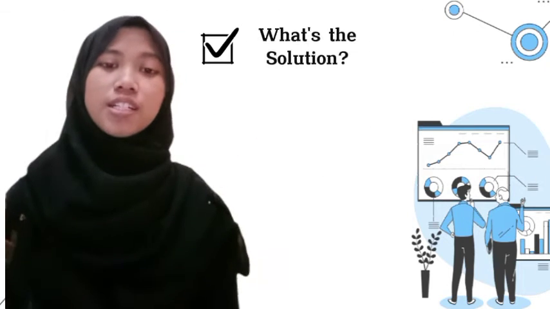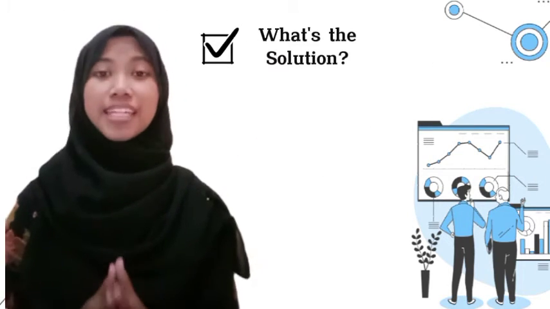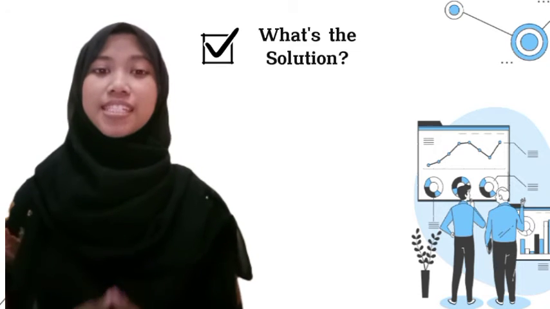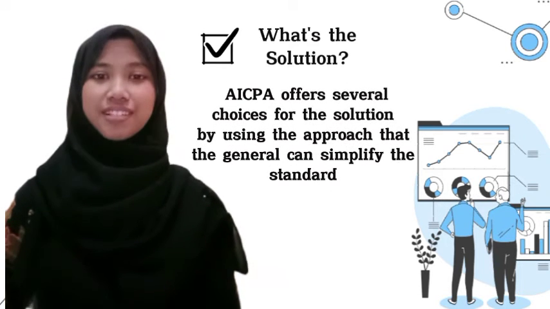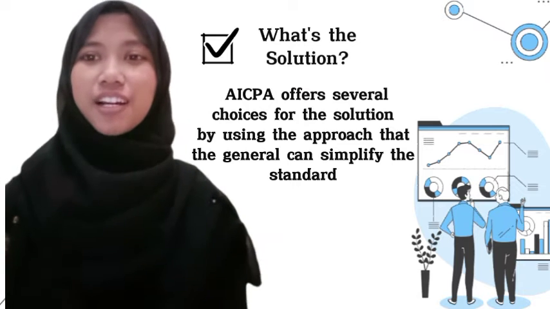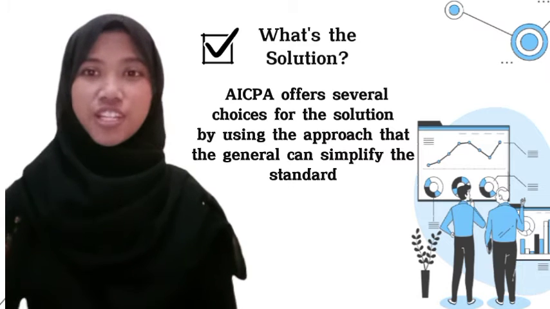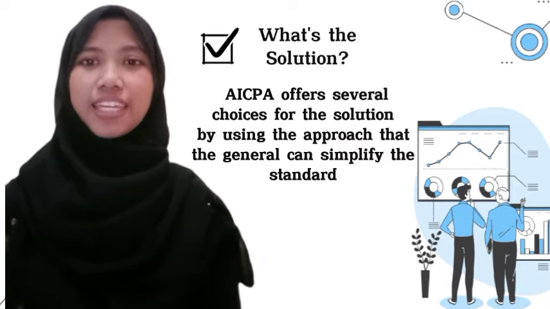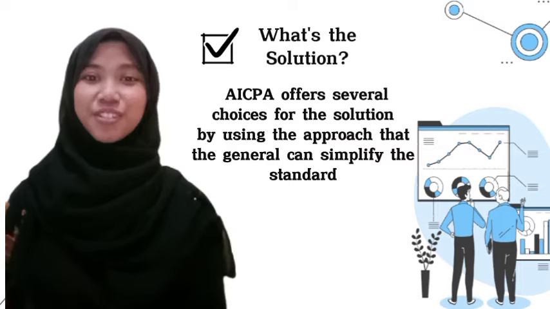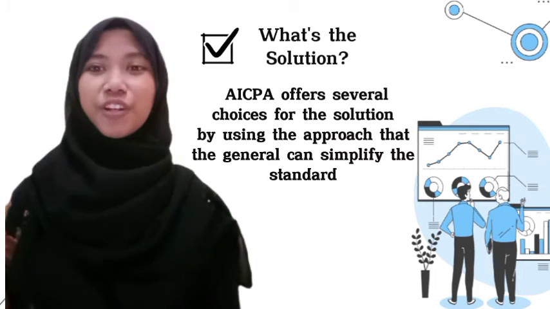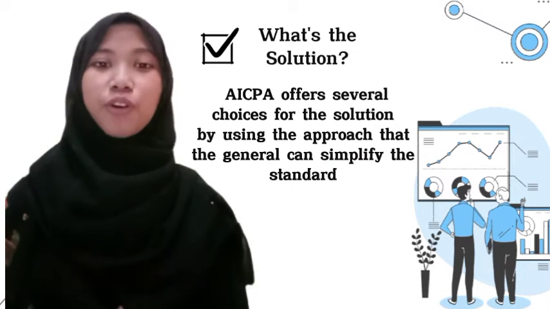So, what is the solution for this problem? The American Institute of Certified Public Accountants, AICPA, evaluated and made several choice approaches, like no change and keeping the status quo. A concept change in GAAP that will apply to all companies.